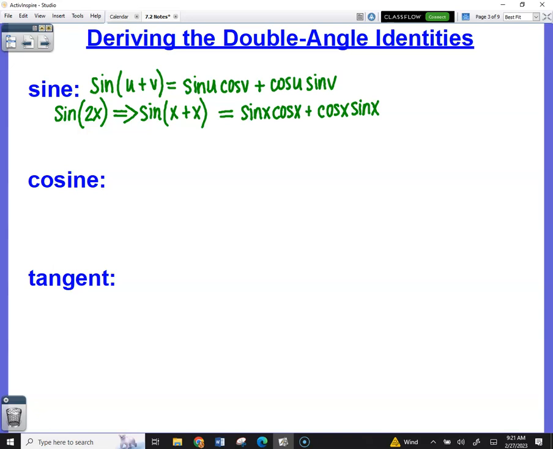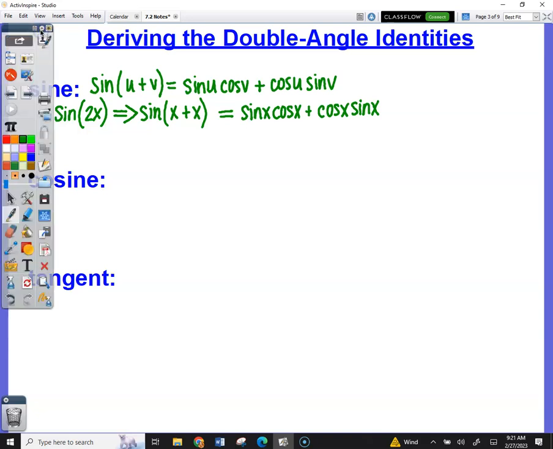Because every single one of those trig functions has the same argument, right? The argument matches right here. They all match. So if you look at it, you have sine, cosine, both of the same thing. Then you have cosine, sine, both of the same thing.